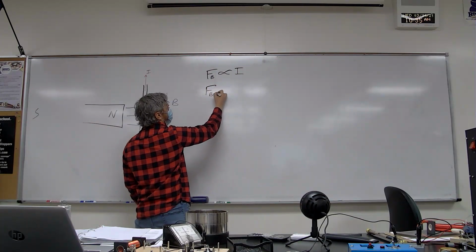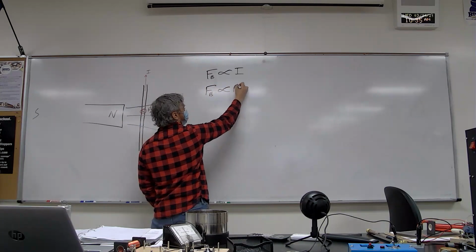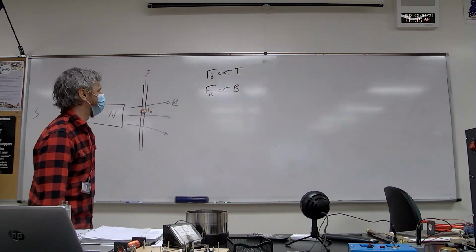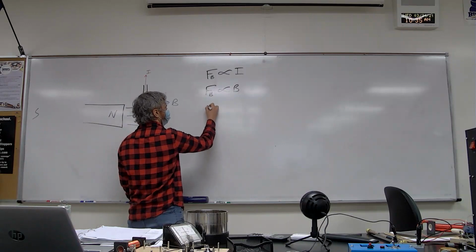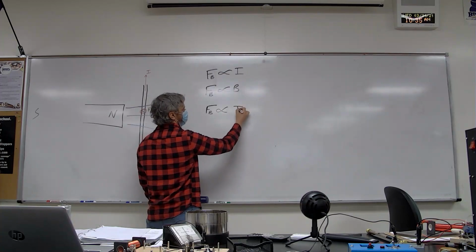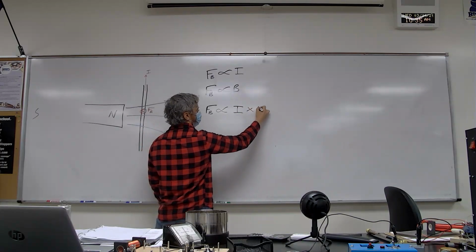The magnetic force is proportional to the magnetic field. And in fact, the magnetic force is proportional to the cross product of the current and the magnetic field.